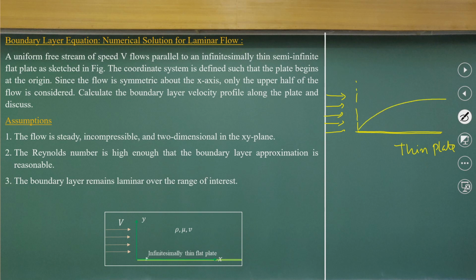Basically we are looking at what could be the boundary layer thickness if the free stream velocity is U. And we consider that the boundary layer remains a laminar boundary layer.